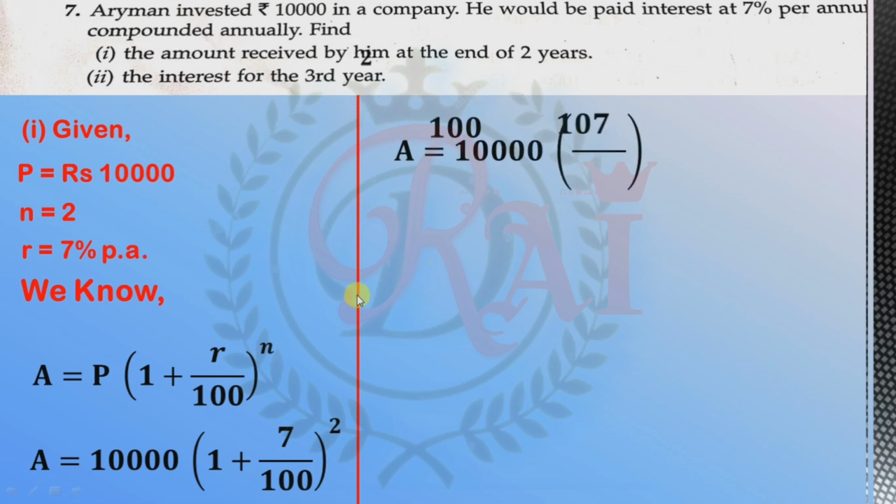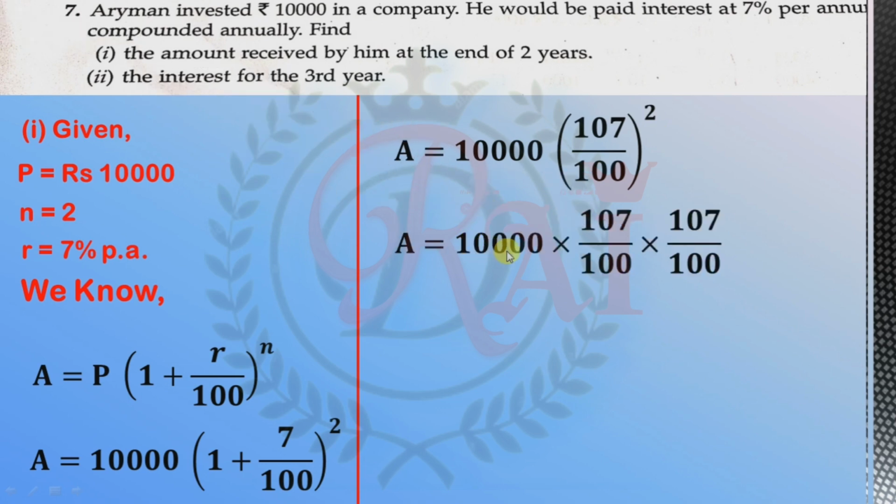Now A is equal to 10,000 (100 into 1 is 100, plus 7 is 107) divided by 100, squared, which means 10,000 into 107 divided by 100 into 107 divided by 100.